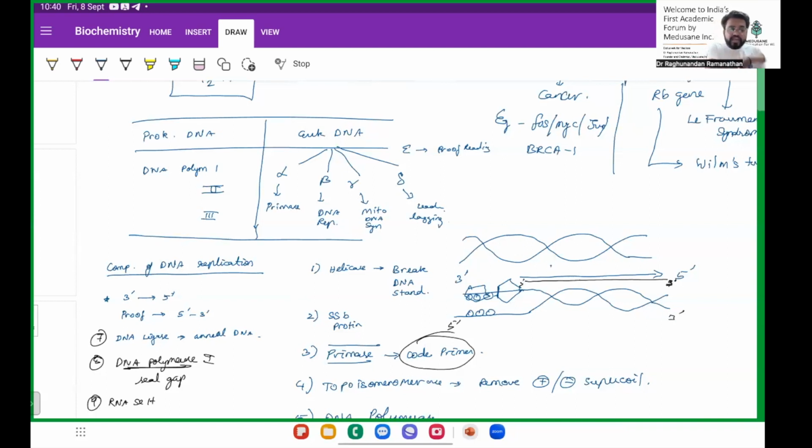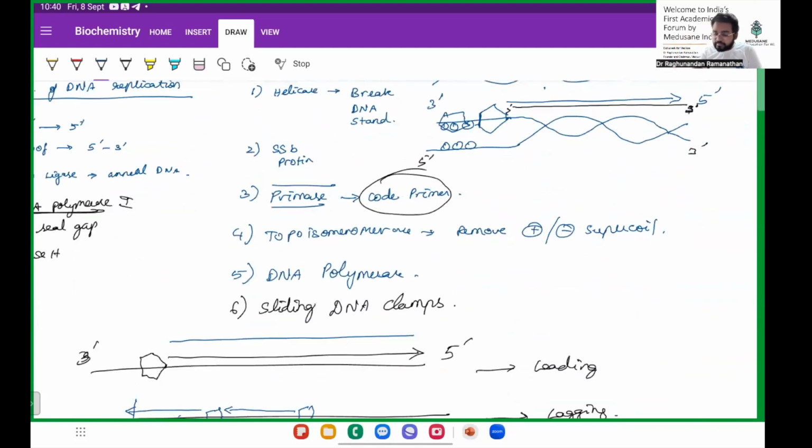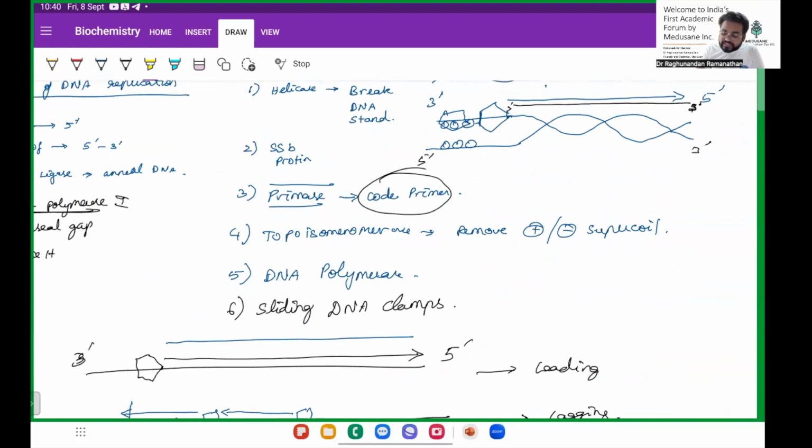So an anti-cancer drug is going to target these specific sites. For example, human topoisomerase. I can target this human topoisomerase enzyme. If I target and block human topoisomerase, that will prevent your DNA replication.